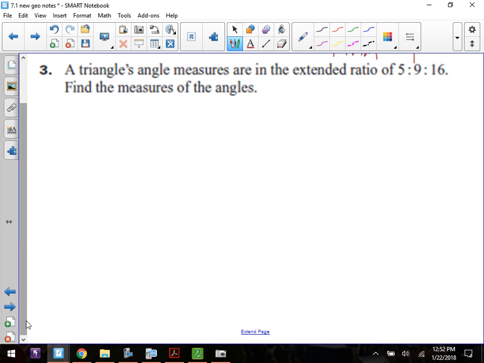That same ratio applies to more than 2 things, in this case in a triangle. So what they're saying is that you've got 3 angles in a triangle that have a ratio of 5 to 9 to 16. Well, the way that this works is pretty easy. When you have a ratio of angles of 5 to 9 to 16, that means that there's some value being multiplied to each one of those angles that's the same. We always just call that x.